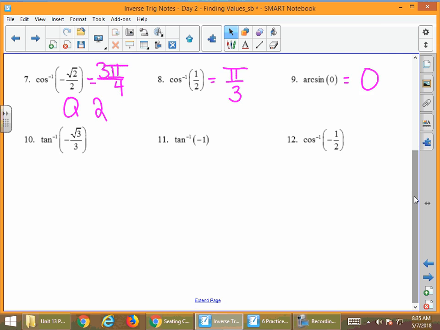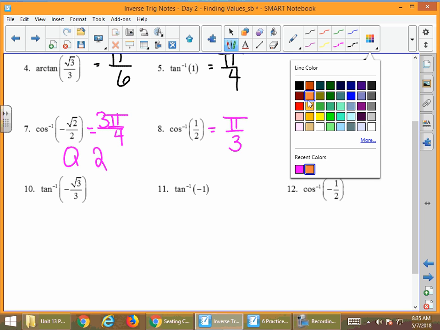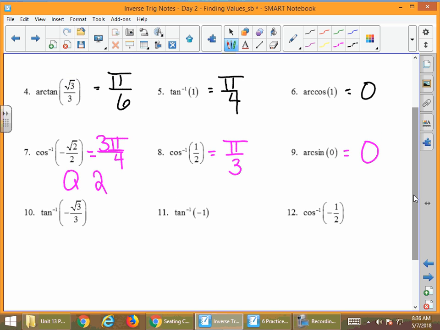Back to tangent here for a couple minutes. What angle of tangent has a value of negative radical 3 over 3? Luckily, if we look above at number 4, we've got positive square root of 3 over 3, so it's going to be pi over 6, but tangent's going to be in quadrant 4, which means we're just going to have negative pi over 6.